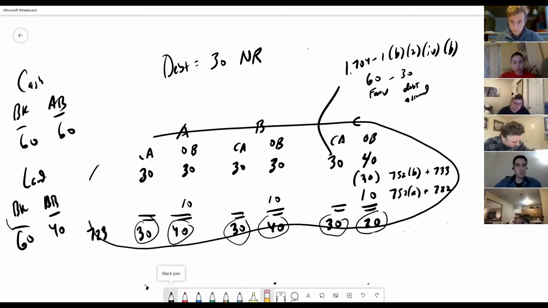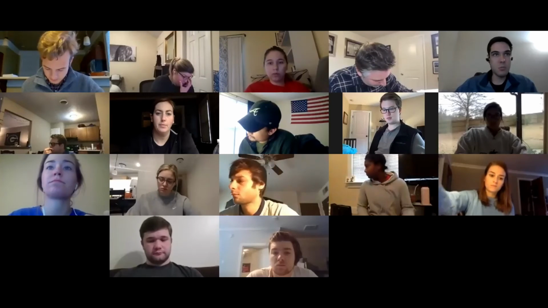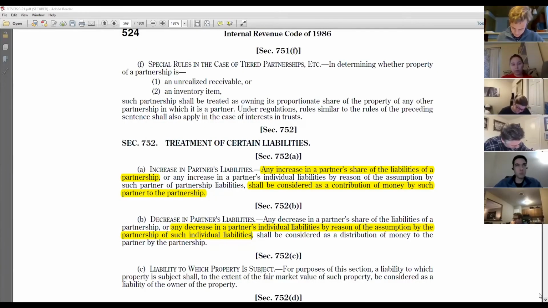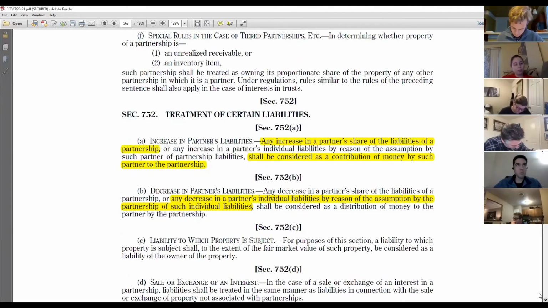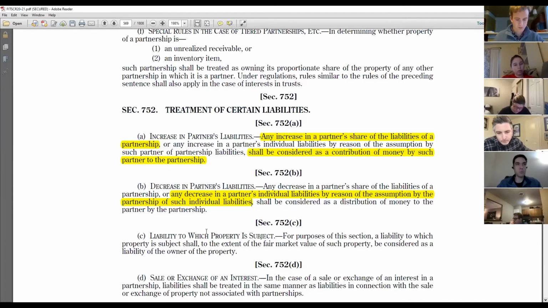Let's just turn real quick to section 752(c). And if you look at 752(a), actually, let's look at (b).